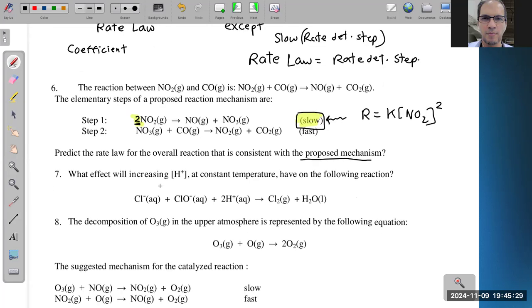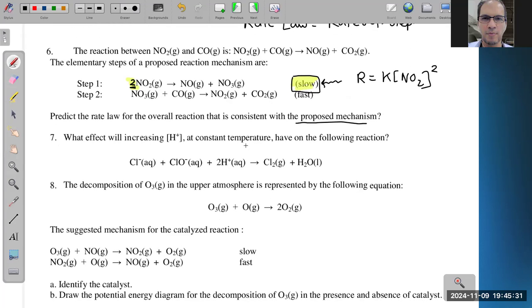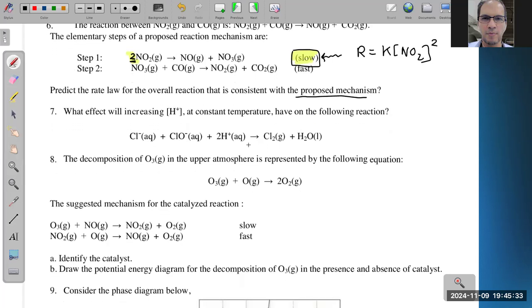What effect will increasing H plus at constant temperature have on the following reaction? If I increase the concentration of H plus, what happens to the rate of the reaction? Increasing the concentration of any of the reactants will increase the rate of the reaction.